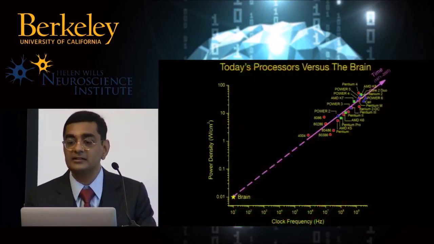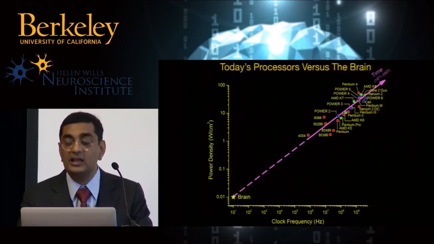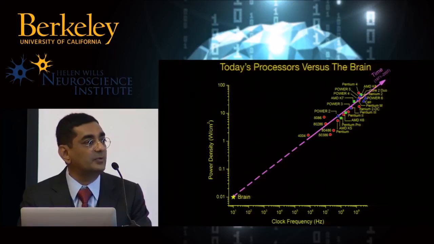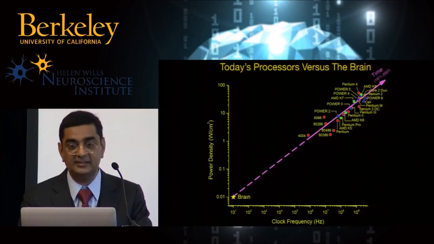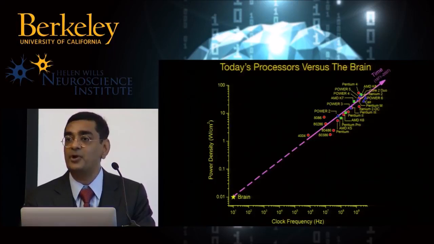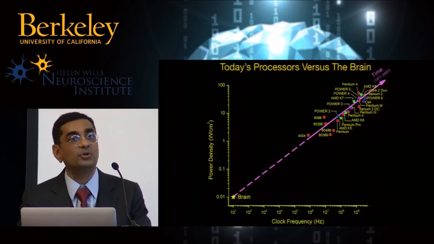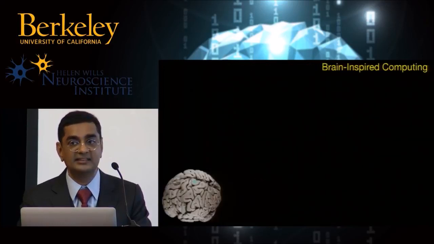And why is that? This curve provides the answer. On the x-axis, log scale is the clock frequency. On the y-axis, log scale is the power density. And starting from the very first microprocessor, over 3 decades, we have increased both the clock frequency and power density.